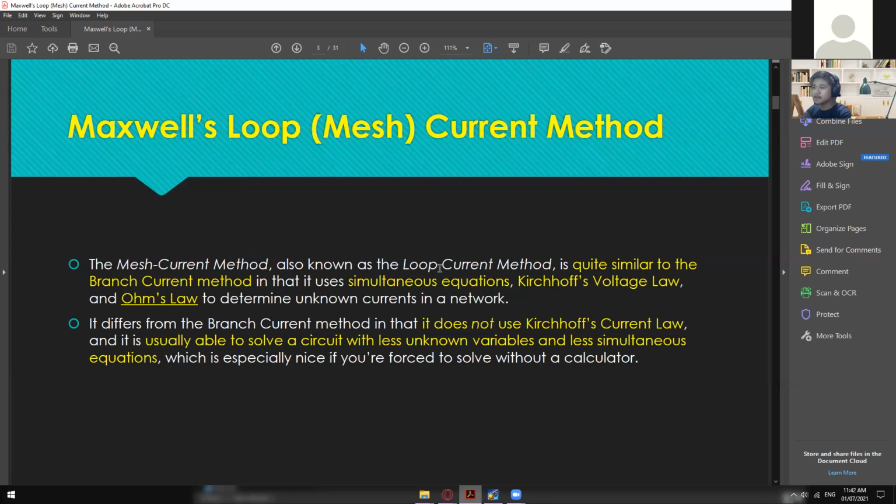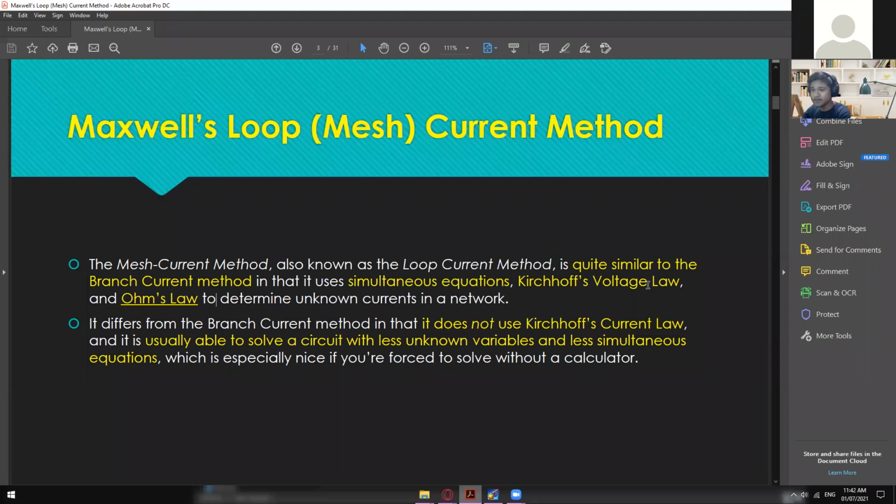So this mesh current method or mesh analysis method is quite similar to the branch current method in that it uses simultaneous equations. It also uses Kirchhoff's voltage law, like what I mentioned a while ago. It also uses Ohm's law, of course. Without Ohm's law, you won't be able to verify if your answer is correct or not.